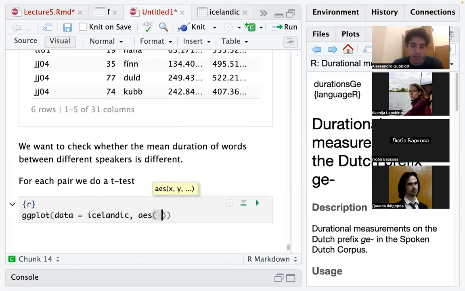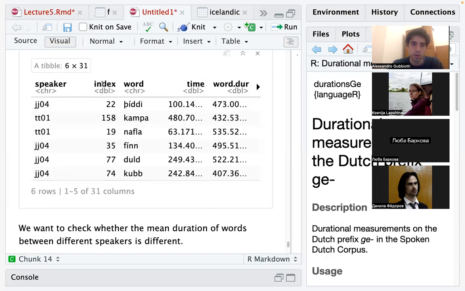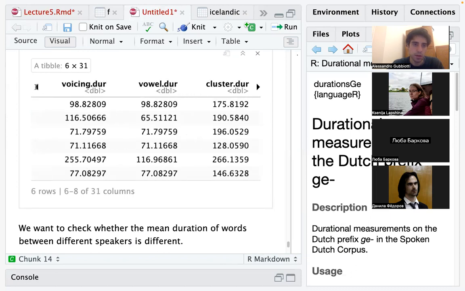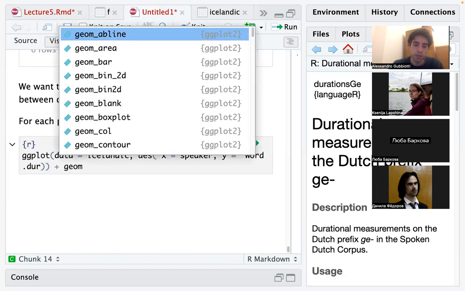On the x variable, we put the speaker. On the y variable, we put what we want to compare, which is the word duration. And then we do a box plot.